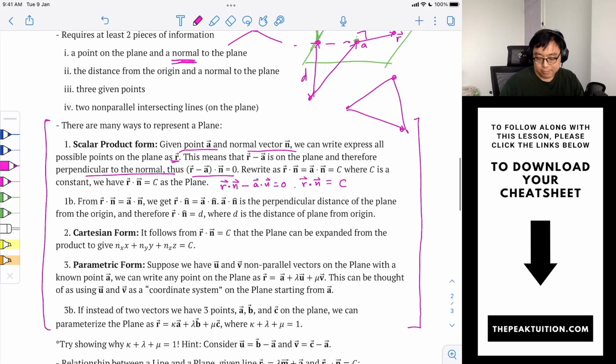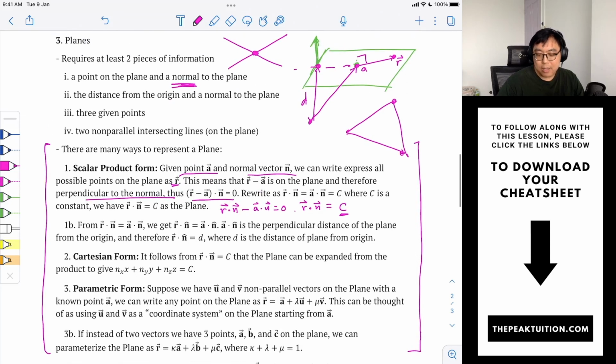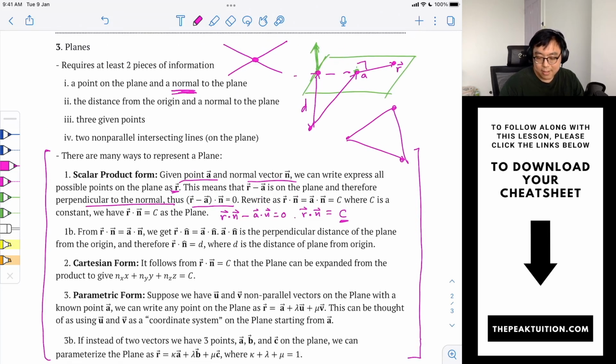So actually, this C is like a dot product that represents this length over here, but with a multiple of the magnitude of vector A. Okay, so this C is basically related to the perpendicular distance between the plane and the origin.